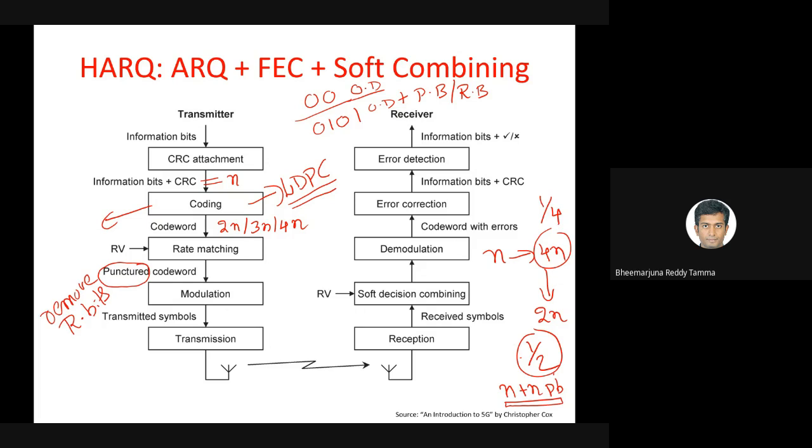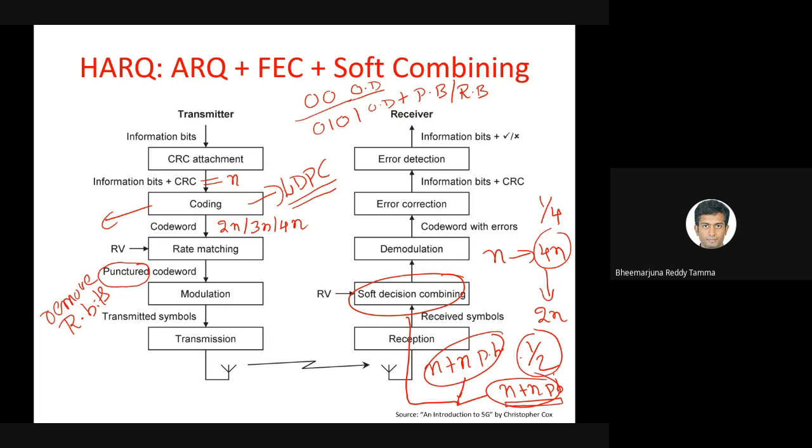But for whatever reason, assume that this packet is not successfully decoded. Then the sender will retransmit n bits plus another set of n parity bits. So this can be combined with the earlier one as part of something called soft decision combining.